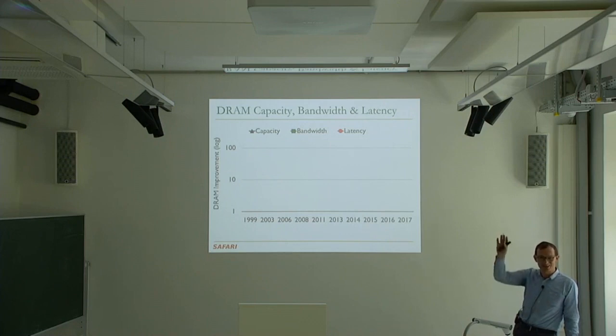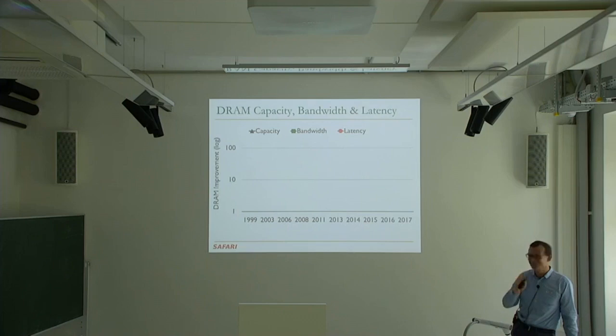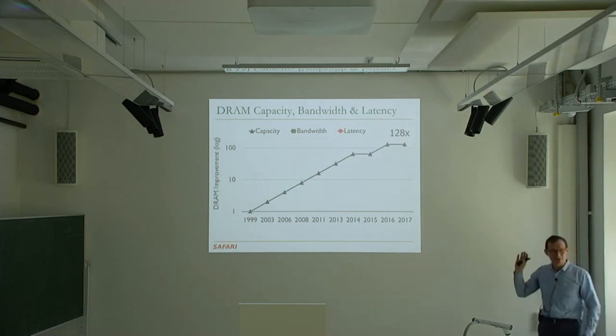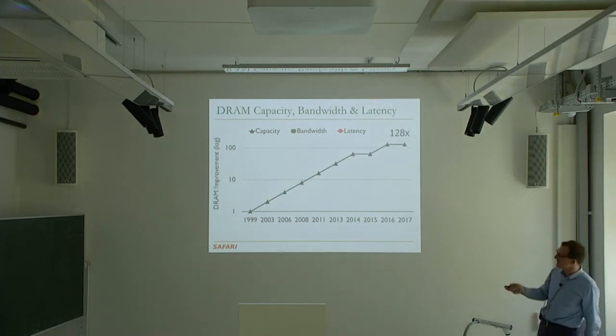Who thinks it's higher than 32? Okay, two more. Who thinks it's lower than 32? Nobody thinks it's lower? Okay, the ones who said higher are correct. It's actually better than 32. Maybe not that much better, but 128x in the last 18 years. Which is not bad, as you can see.